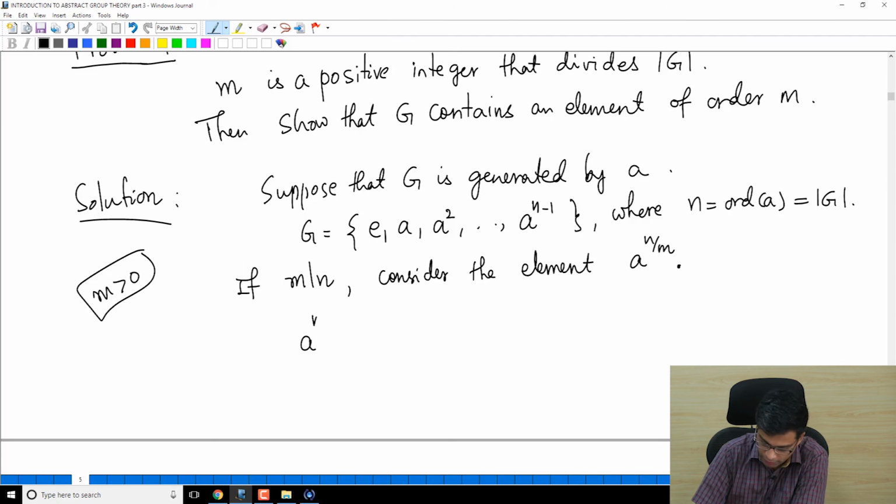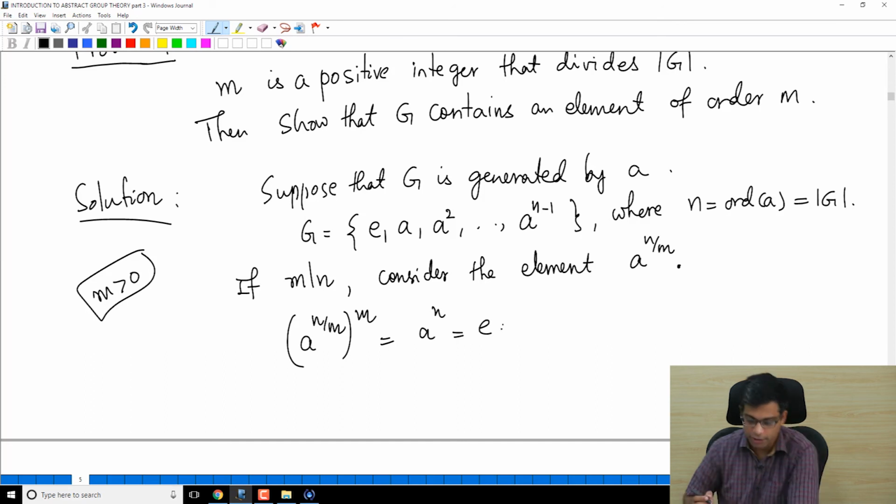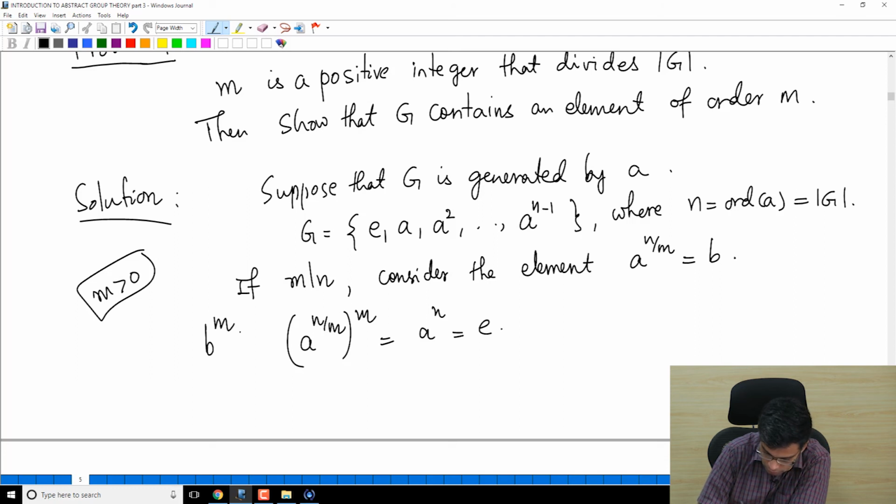So A power n by m power m is of course A power n, which is identity. Remember, as I have repeatedly said in the past, you can apply the usual exponential rules to group operations. So if you call this element B, B power m is E.